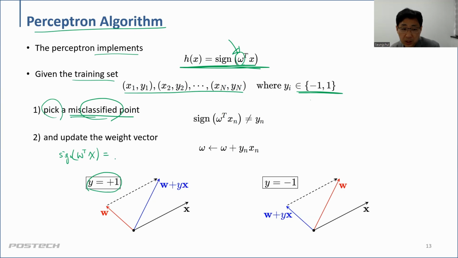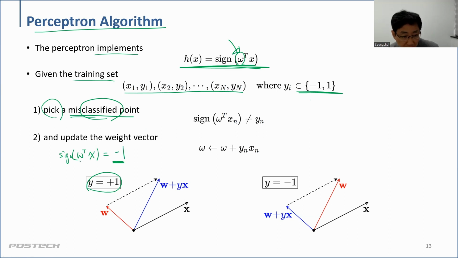What will the value be, +1 or -1? It's misclassified. What do you think? -1, right? For the misclassified data points.